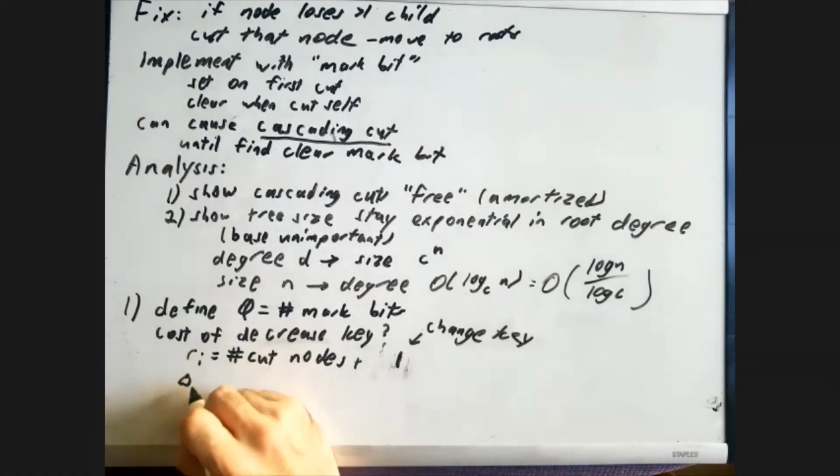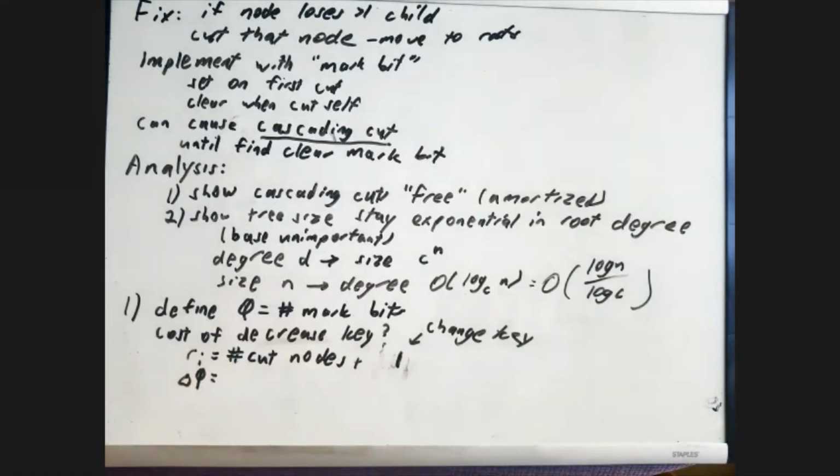What's the change in phi? For each cascading cut, it would be -1, so around minus the number of cut nodes. Exactly. Why am I cutting a node? Well, the first node is cut because of the decrease key.